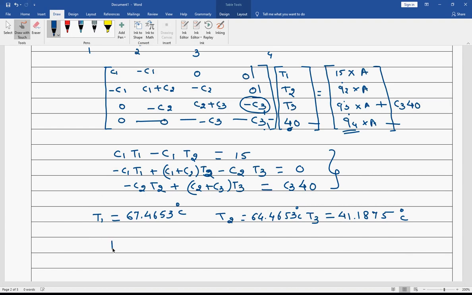So now it's time to find out Q4 dot. So A into Q4 dot, where A is 1, will be equal to minus C3 into T3 plus C3 into 40, which is known to me. That will be equal to Q4 dot. So from this you can get Q4 dot. Okay, so Q4 dot is equal to, what is this value?